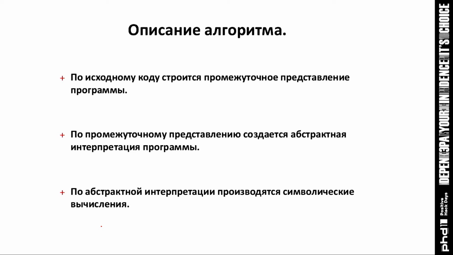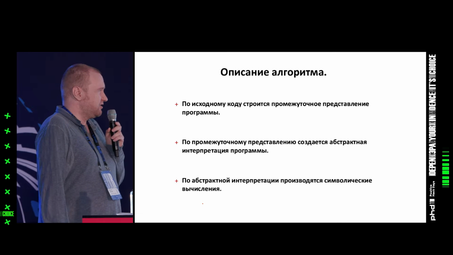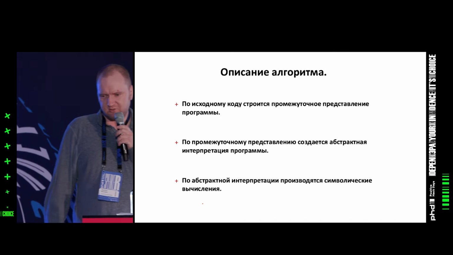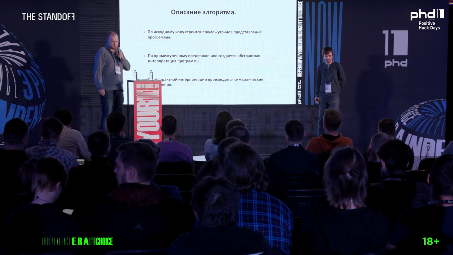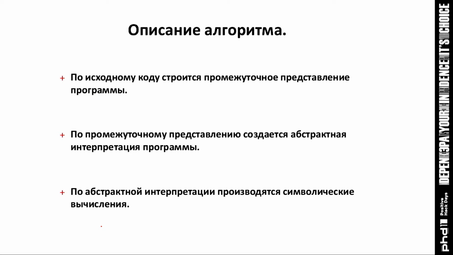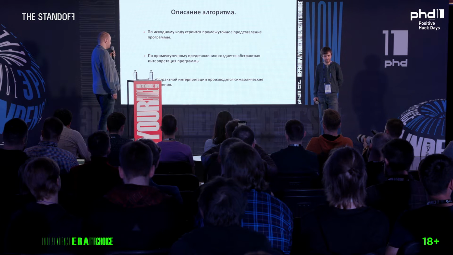Ours is a static analysis tool. In one of the previous conferences, we gave information on how it works, and these are the three main bullet points. Three things that you need to do to analyze the source code.